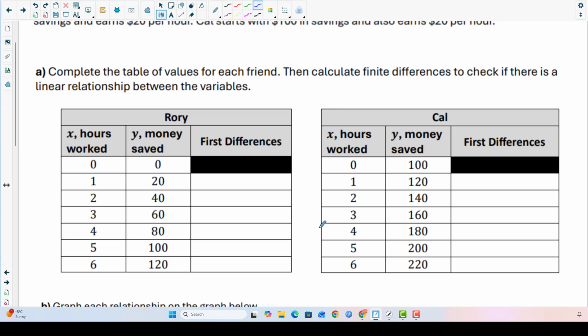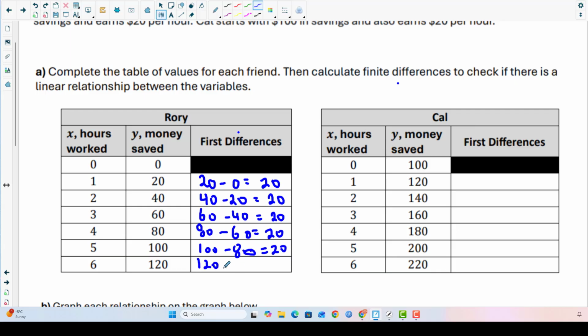Let's do our first differences. First differences and finite differences are the same, just in case you're wondering. So we start off with 20 minus 0, which is obviously 20. Then we have 40 minus 20, which is 20. 60 minus 40, which is 20. 80 minus 60, which is 20. 100 minus 80, which is 20.